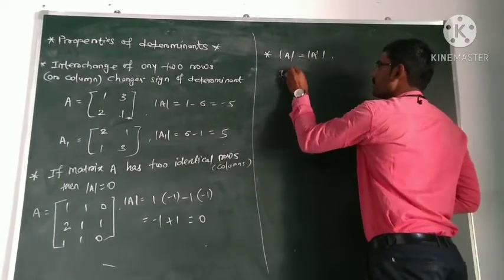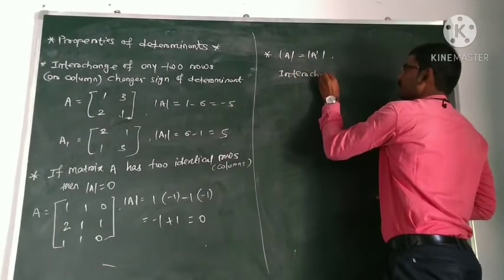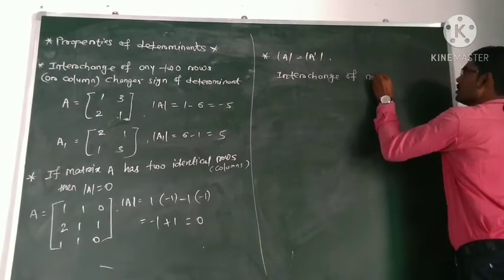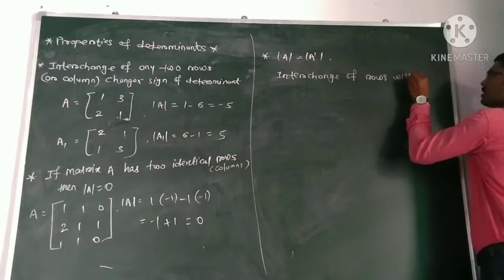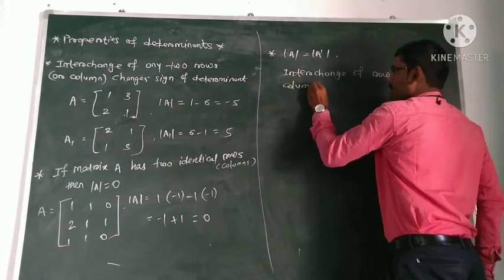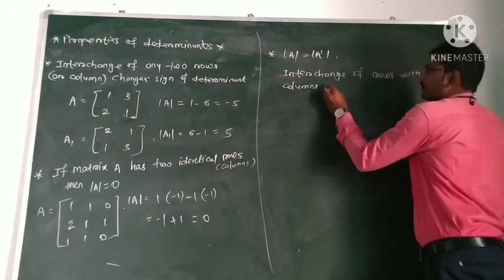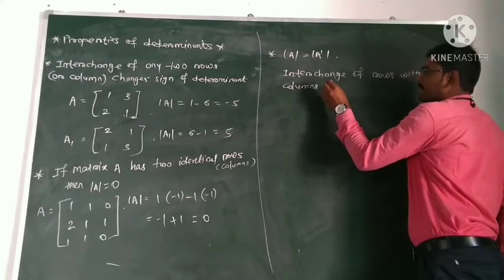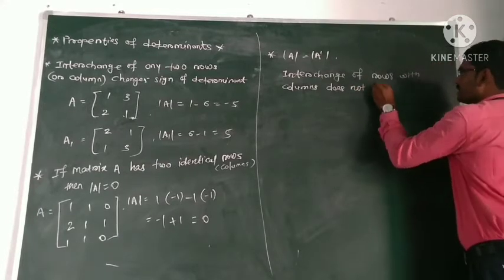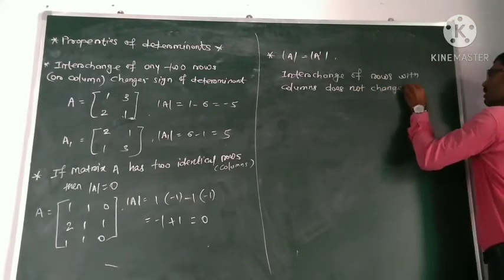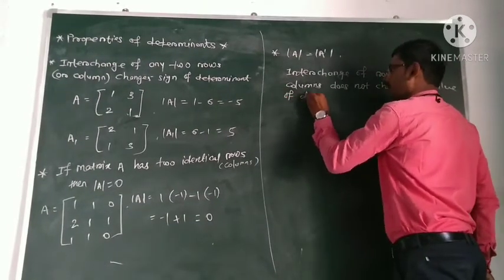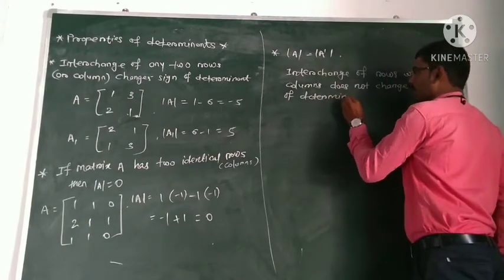Interchange of rows with columns does not change the value of the determinant of the matrix.